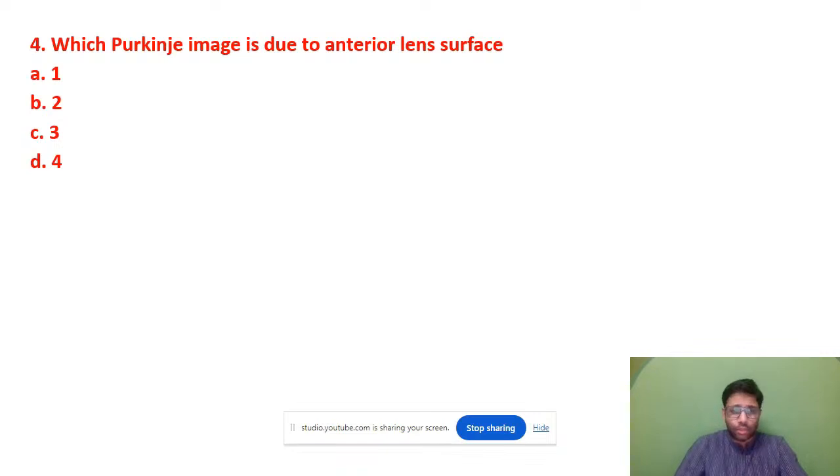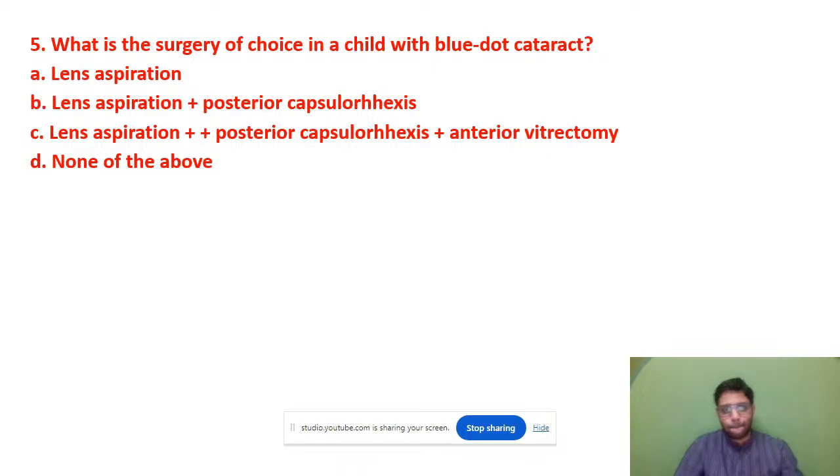Now, if you know this, you know this. If you don't know, you don't know. That's why I'm going up to question number 5. I'll give time for this.